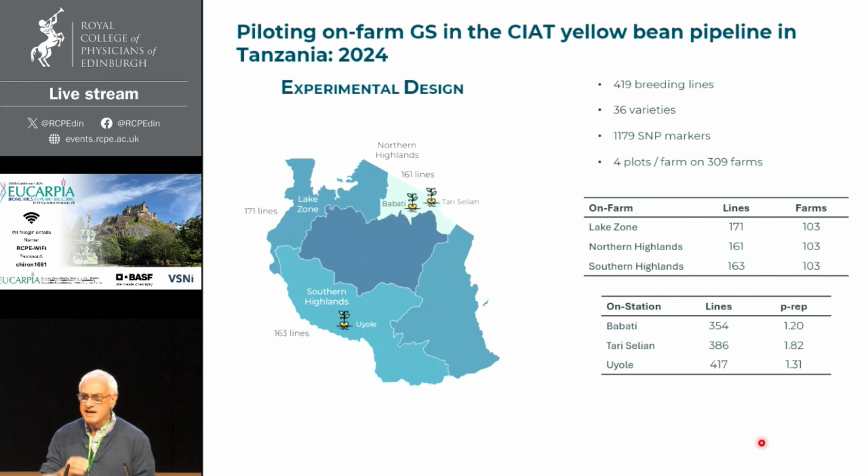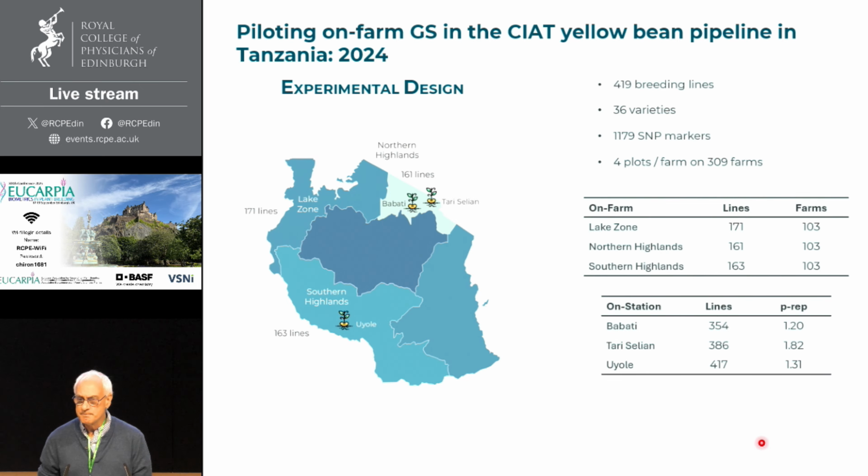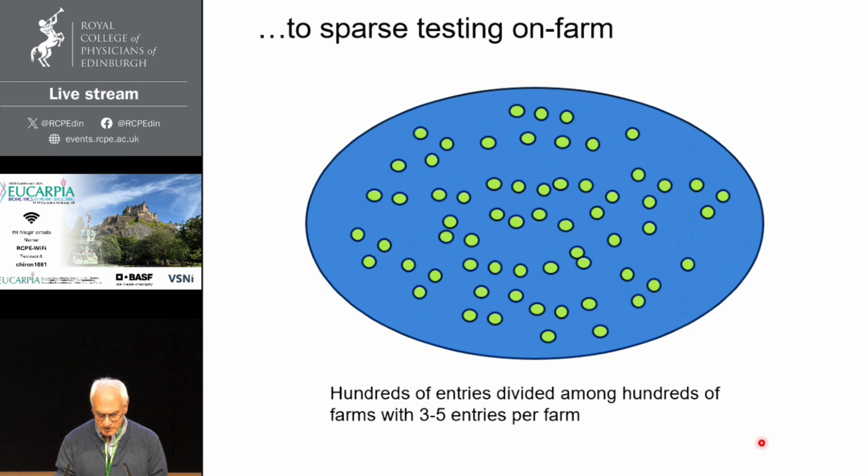It's fair to ask, what are the logistics of that? How can that be managed? Well, I'll talk about that briefly at the very end if we have time. I think we're still okay for time.